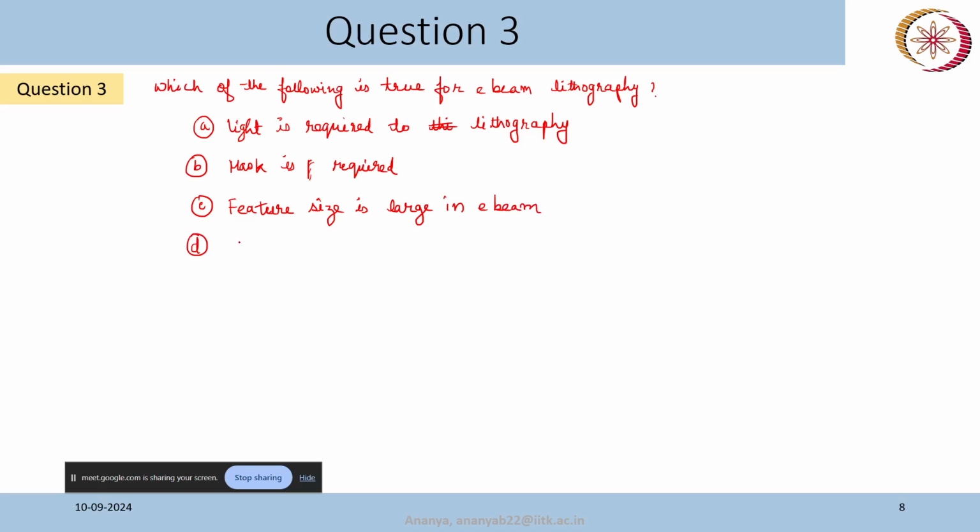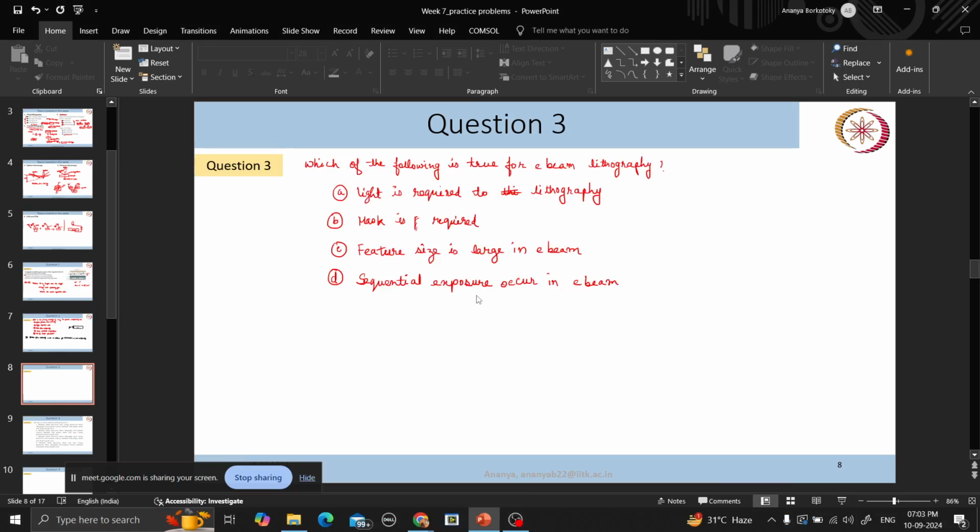Last option is sequential exposure occurs in e-beam. So I have just discussed e-beam lithography. So what is the correct answer?